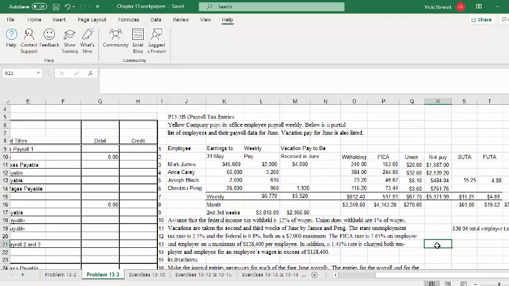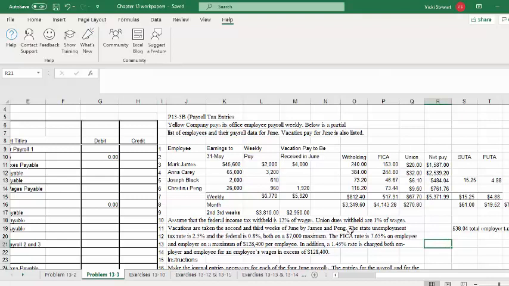And then it also says that within that there is a 1.45% rate that is charged to both the employer and employee for an employee's wages in excess of $128,400. So we know that the OASDI portion is capped at $128,400, but the Medicare portion, the 1.45% rate, continues on all of the employees' wages.